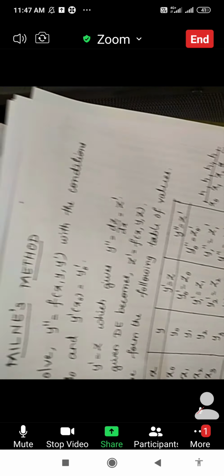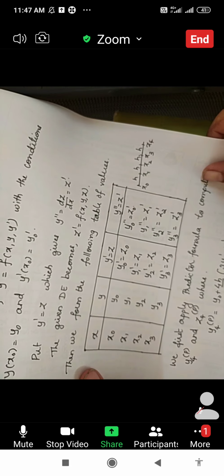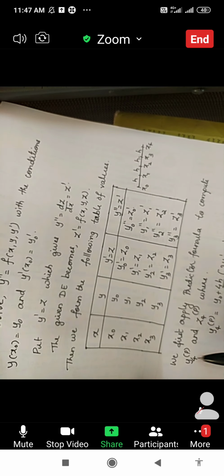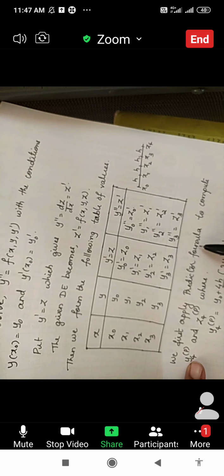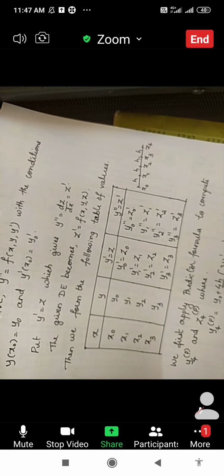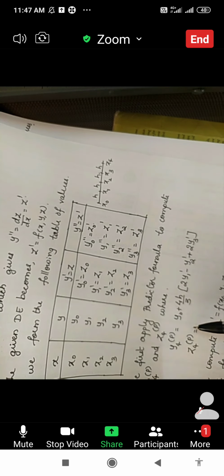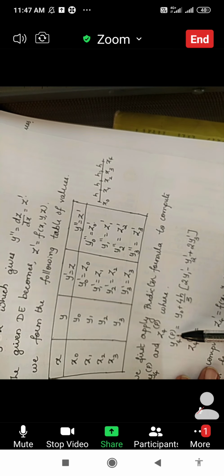Now, according to this method, what we have to apply first is a predictor formula, to compute the predicted value of y4 and the predicted value of z4. Just concentrate here on the formula. We are aware of Milne's predictor formula. The predicted value of y4 is nothing but y0 plus 4h by 3 times 2y1 dash minus y2 dash plus 2y3 dash.